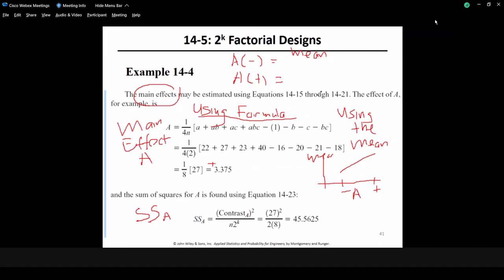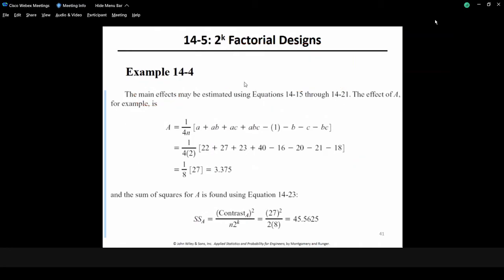Mean A negative, what is the value? Mean A plus, what is the value? I want to plot the mean. Please take note of this and record it somewhere in your notes. Refer to the example.